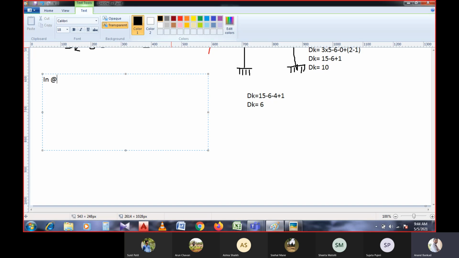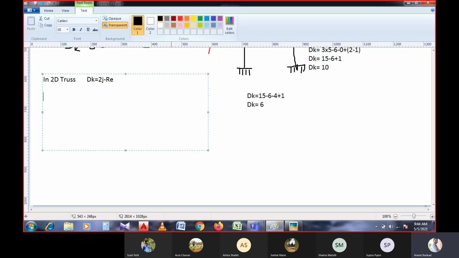In two-dimensional truss, we can have a DK value as two deformations will be there at each joint, and we have to deduct the external reactions.